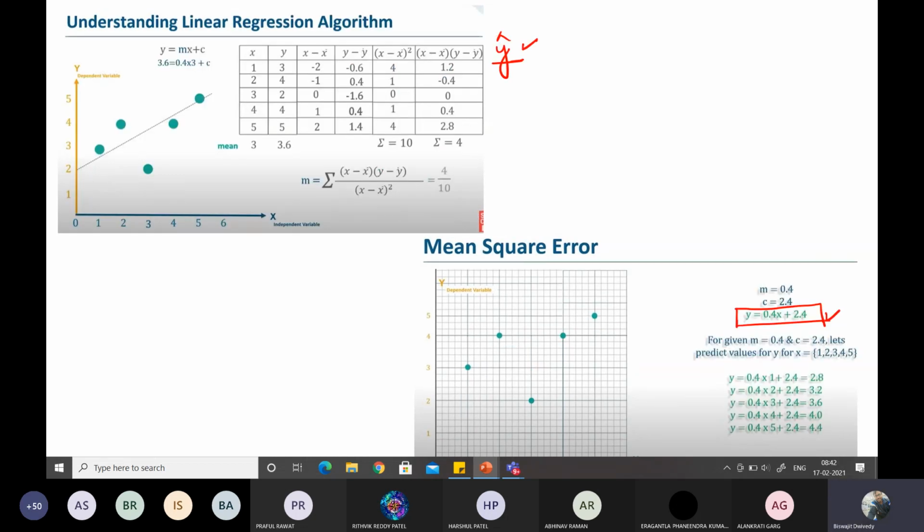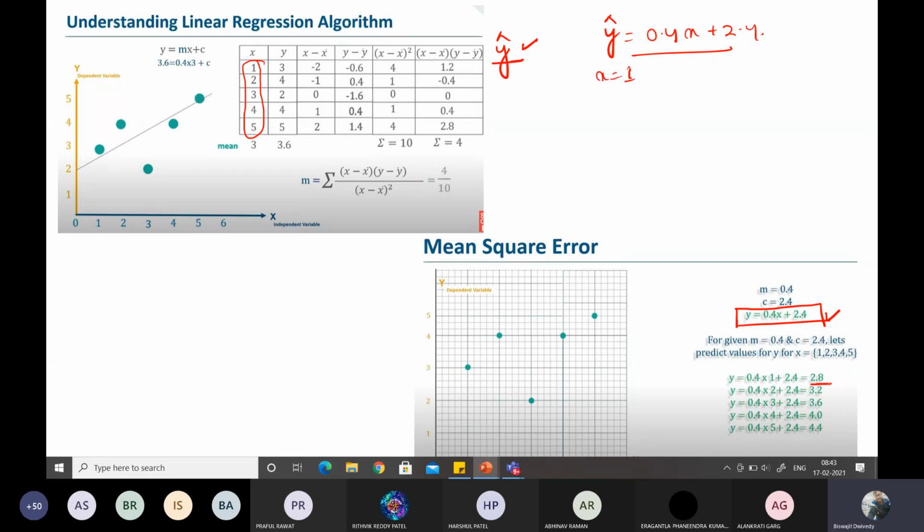For that you can see we'll be using that equation, y is equal to 0.4 times x plus 2.4, as it is written here, and now we'll be using these x values which have been given in our training samples to find out your y cap values. So if I'm using x equal to 1, then what is the y value I'm getting?